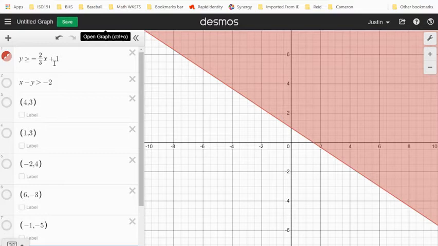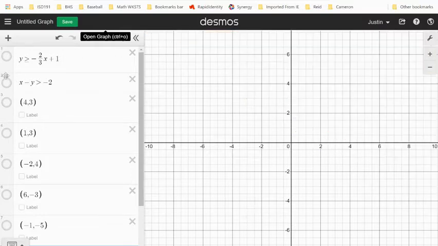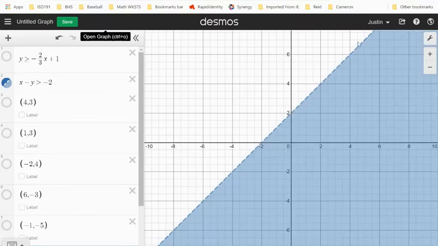So the first inequality, y is greater than or equal to negative 2/3 x plus 1, looks like this. We have our solid boundary line, so points on the solid boundary line are solutions to that inequality, as well as anything that's in the red shaded area. The other inequality, we have a dashed blue line, so points on the dashed line are not solutions, but anything in the blue shaded area is a solution to that inequality.